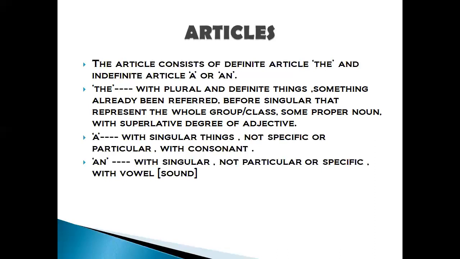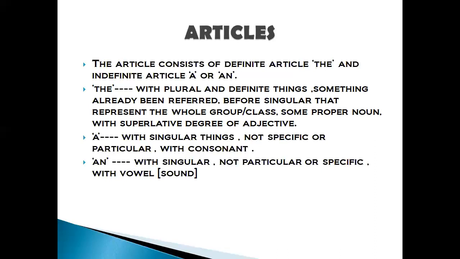While using determiners a or an, it is very important to know that the spelling of the word is not important. It is the sound of the word that is important.